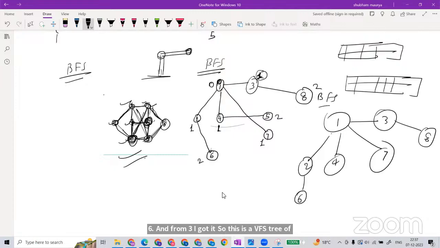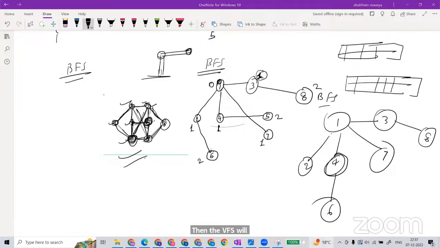There could be a different BFS tree also. It depends, no? I started from 1 and reached 2. It could be that after 1, I start from 6. Then the BFS tree will be this one. Or from 7 I can do it, because these all have the same label.